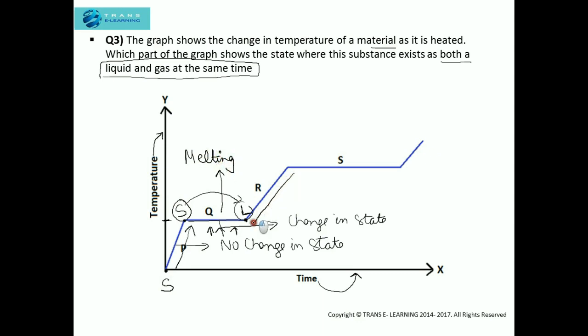On further heating, the temperature of the liquid will rise, but there will be no change in the state. Only there will be increase in temperature. So at this point also we'll be having the liquid phase. And as you can see here, the horizontal line represents that there is no change in the temperature. There is just change in the phase, change in the state. So at this point, the liquid will change into a gaseous form on heating.